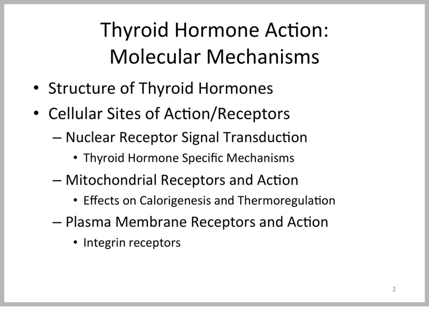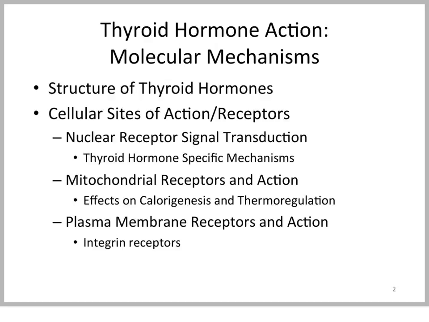So in this unit, we're going to quickly review the structure of thyroid hormones and then move on to talk about the nuclear receptor, signal transduction mechanisms, a little bit about how nuclear receptors work, the structure of the thyroid hormone receptors, various subtypes, then the action of thyroid hormone on mitochondrial receptors, particularly those that impact calorigenesis and thermoregulation.